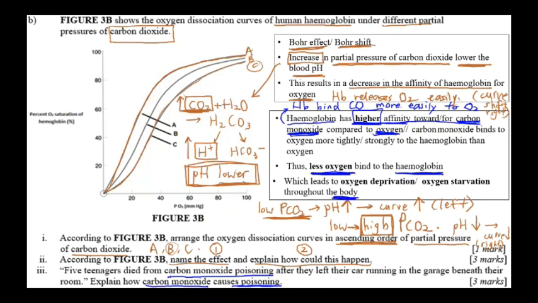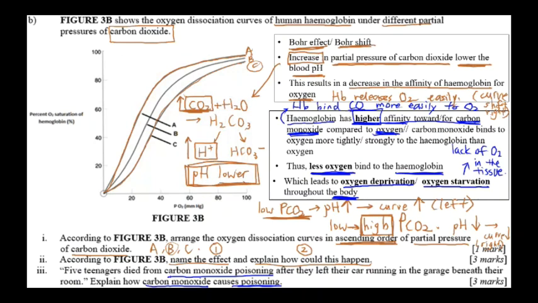And what will that cause? It will cause oxygen deprivation, or we say oxygen starvation throughout the body, which means we lack oxygen in the tissue. And this is all because hemoglobin binds to carbon monoxide instead of binding to oxygen.